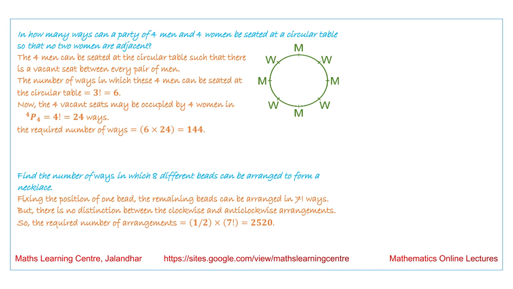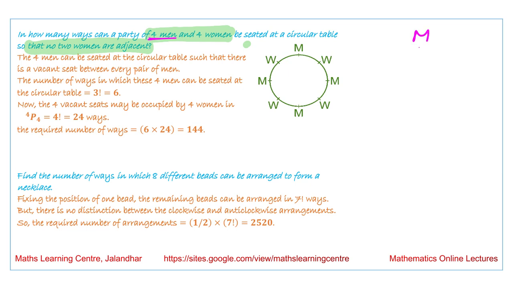Next is, in how many ways can a party of 4 men and 4 women be seated at a circular table so that no 2 women are adjacent? Suppose first of all we are talking about the 4 men who are going to sit.